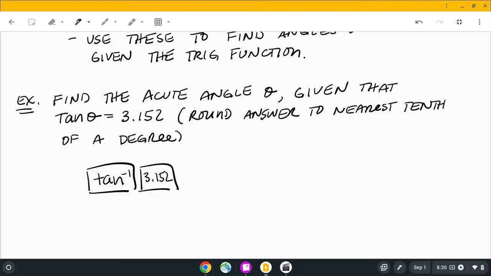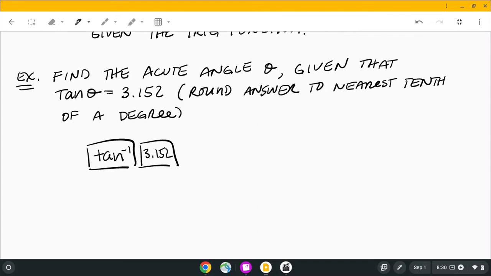If that one doesn't work, try that one, or try switching the order. Again, depending on which calculator you're using, try doing the 3.152 first, and then the tangent inverse.